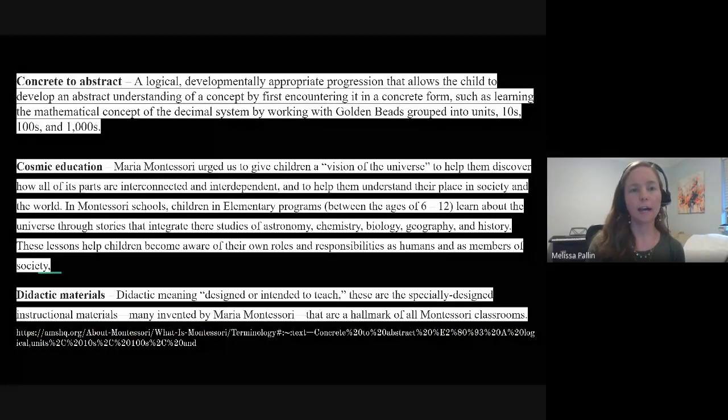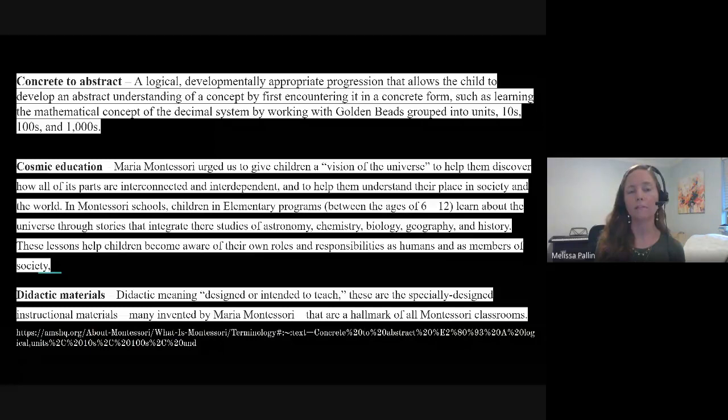Let's discuss a little bit about cosmic education. So the elementary years from ages 6 to 12, Maria Montessori called this form of education cosmic education. And she urged our Montessori educators to give children a vision of the entire universe, to help them discover how all of its parts are interconnected and interdependent, and to help them understand their place in society and the world.